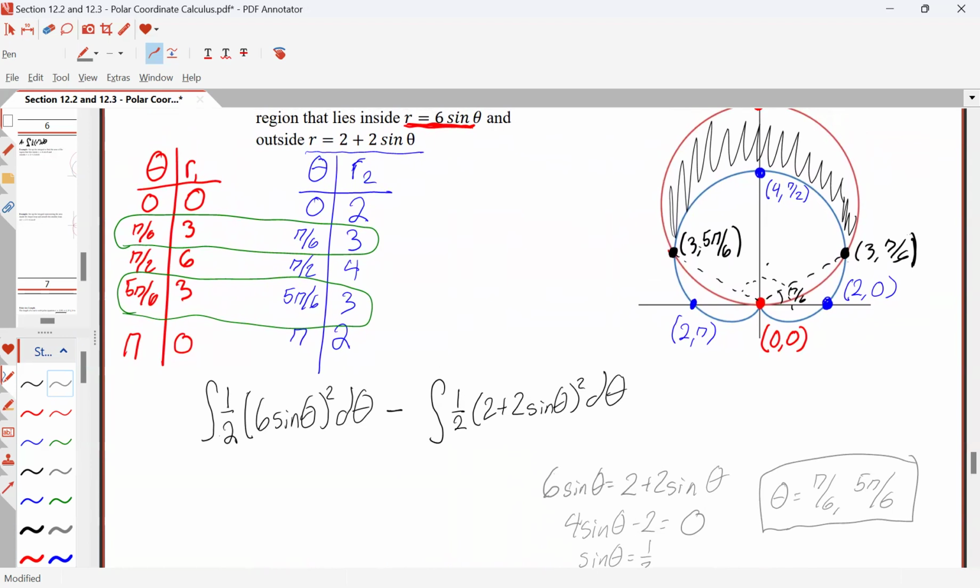So our integrals are supposed to be from pi over 6 to 5 pi over 6. And because they have the same bounds, we can combine them into one integral.